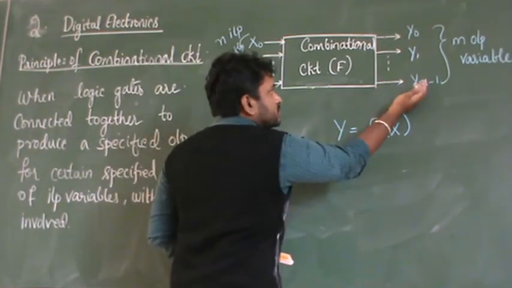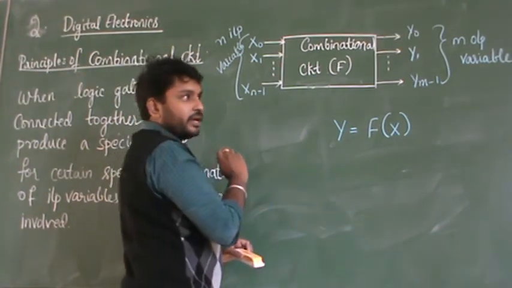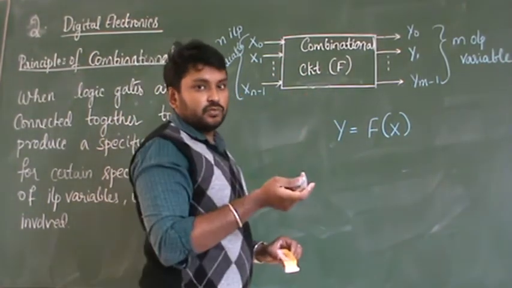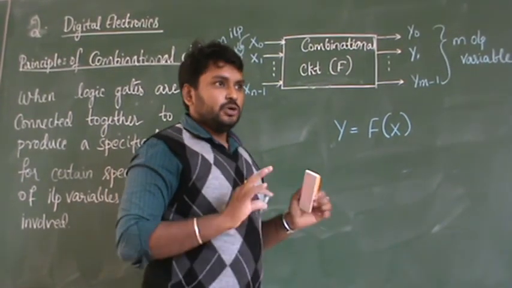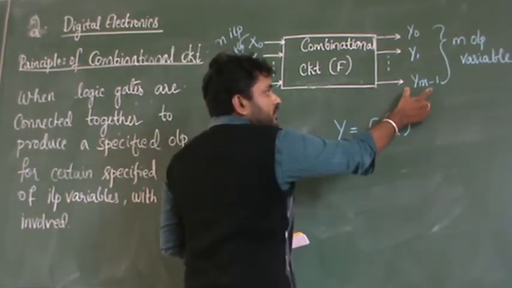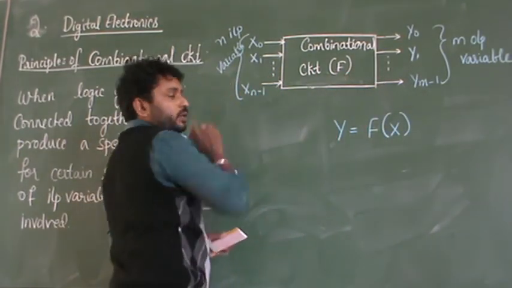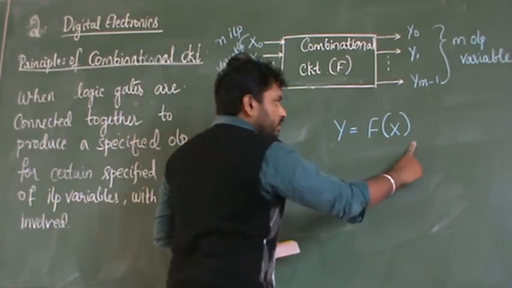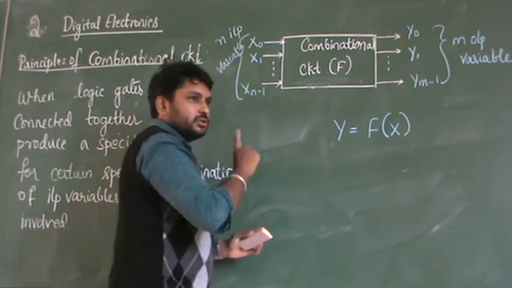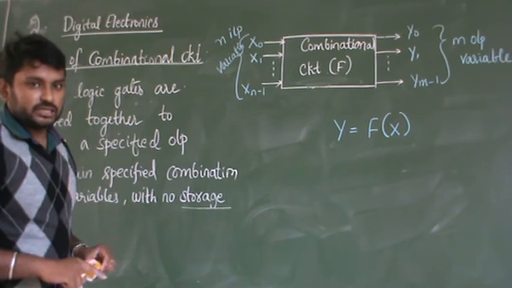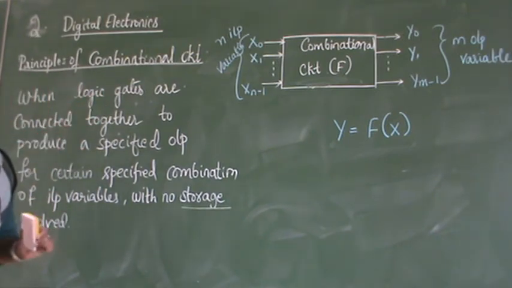So y equals function of x. This function we'll discuss later, what the internal circuit actually is. Right now, the output is just a function of the input variables. That's why the equation is y equals f of x. Understood? So just copy down the definition of a combinational circuit along with the simple block diagram.